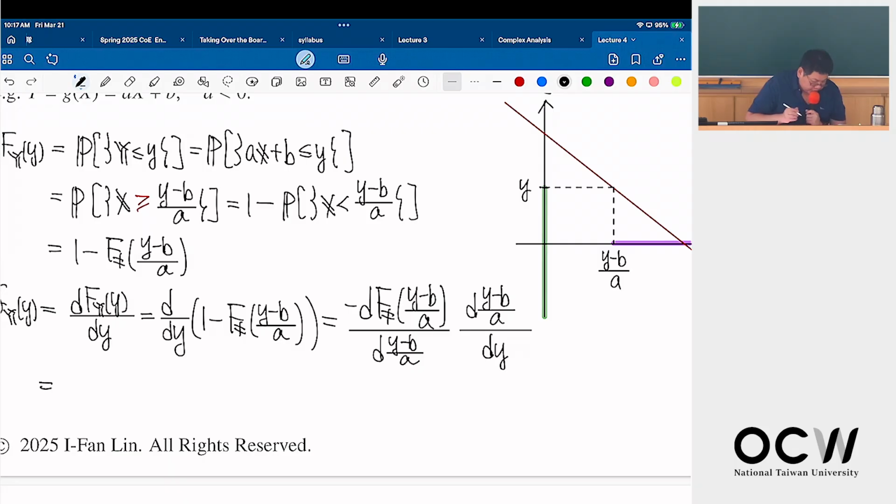So the first term is the PDF of x at y minus b over a, times 1 over a.